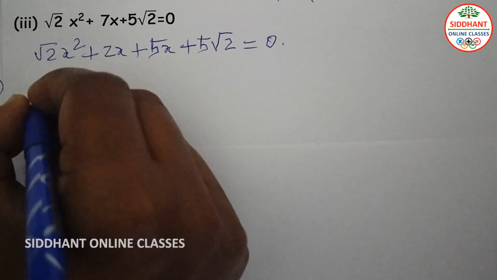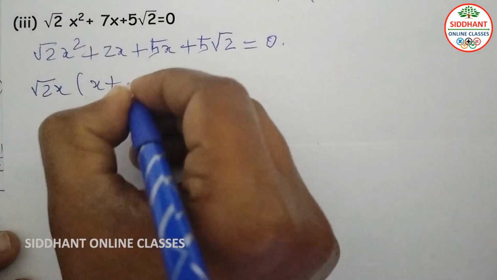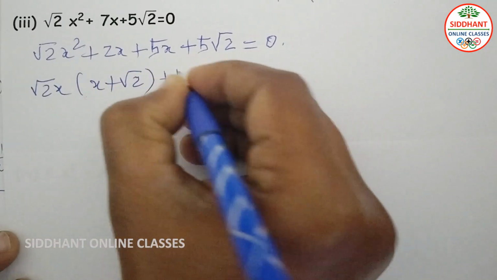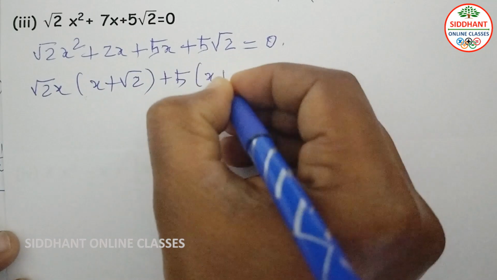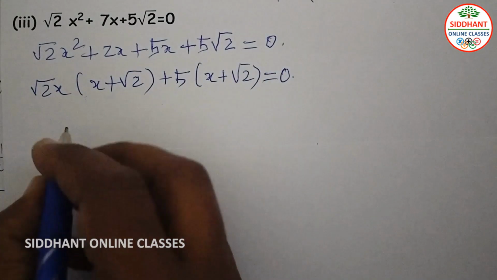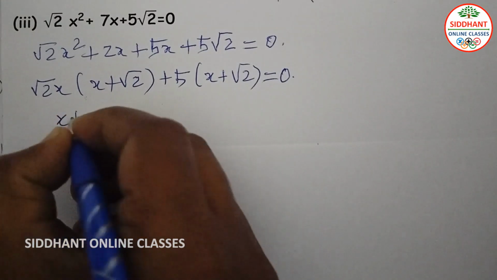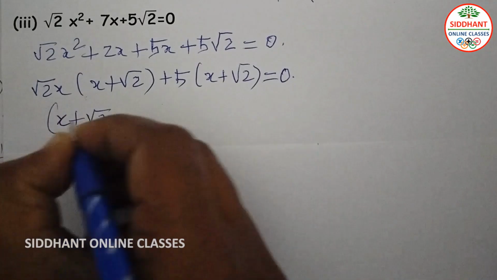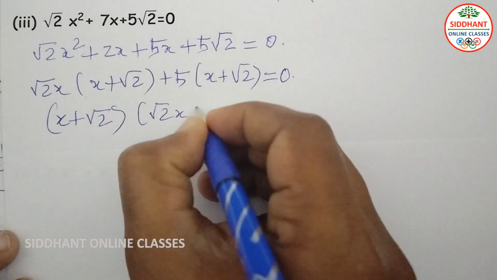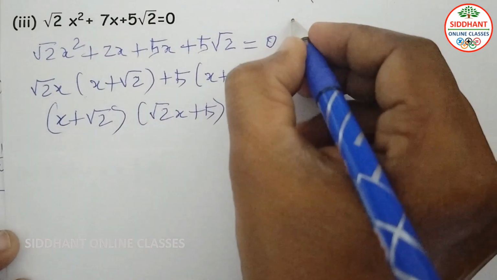So taking root 2x common, then x plus root 2, plus 5 times x plus root 2 equal to 0 here. So one is x plus root 2, and another is root 2x plus 5, so that equal to 0.